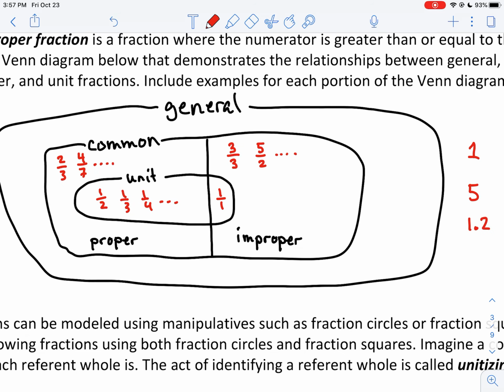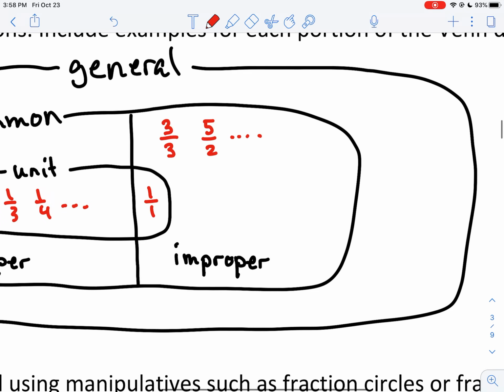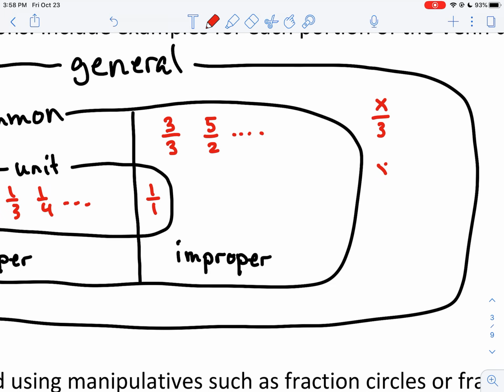Now, a general fraction that's not a common fraction would be when, say, maybe you have expressions involved, like x/3. We're going to call that a general fraction, but the top is not a counting number, but the bottom is. Or other examples, sometimes you get really complicated expressions. You might have seen something like x plus y over z. Or if I do a decimal involved, 1.2 over 5.